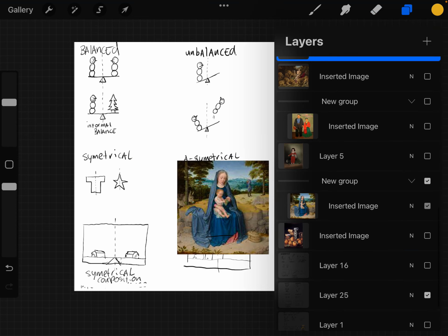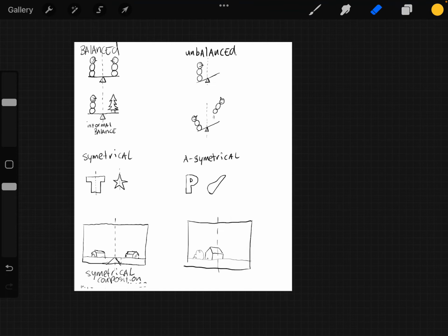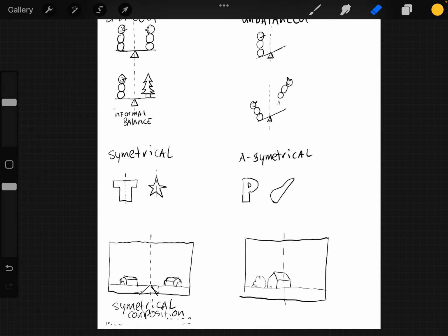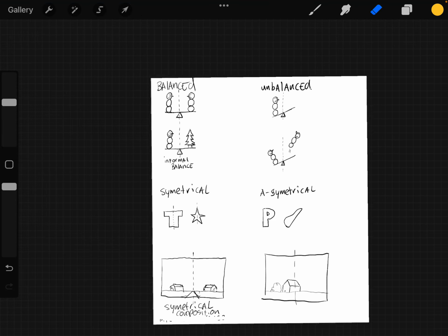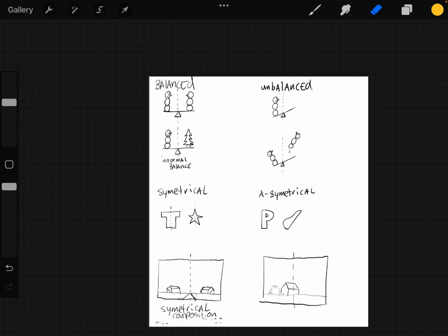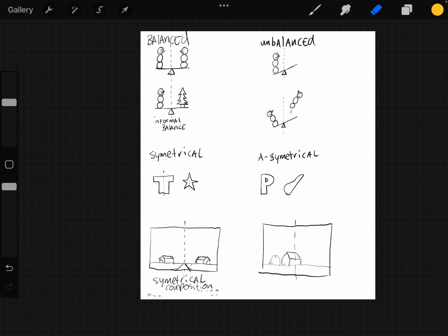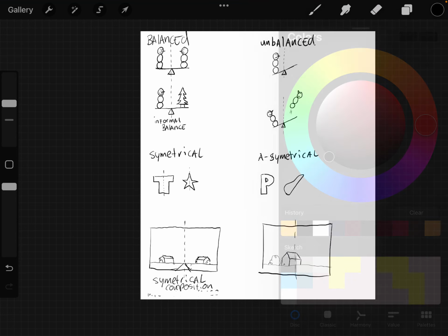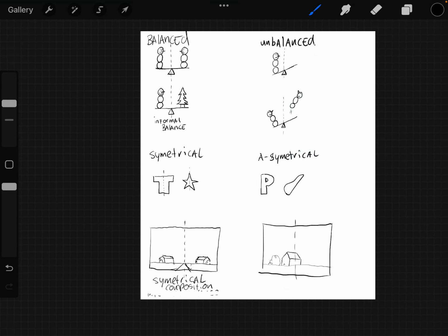So a composition is basically how you organize things onto your painting or a photograph, right? It's very important. Now, there are balanced and there are unbalanced compositions, and both have their own specific meaning, right?